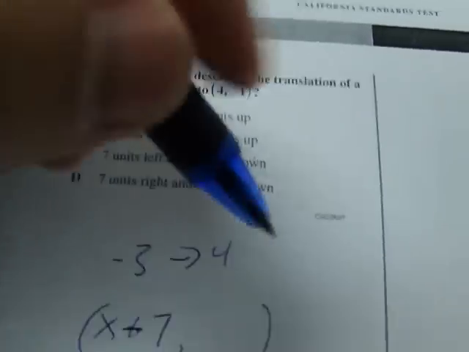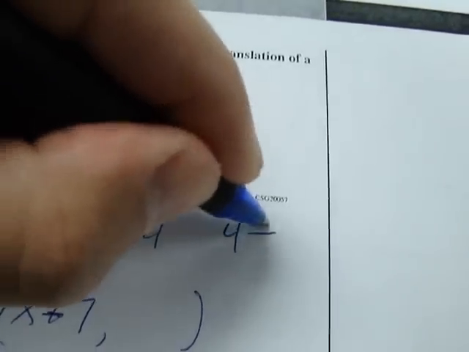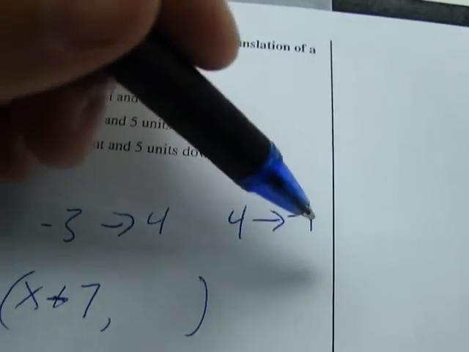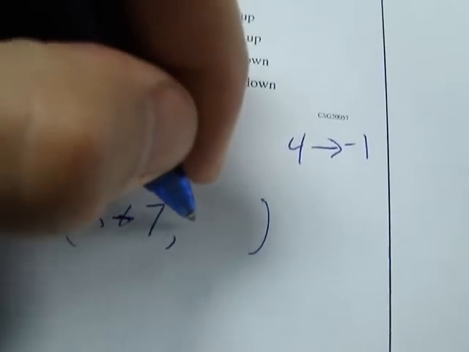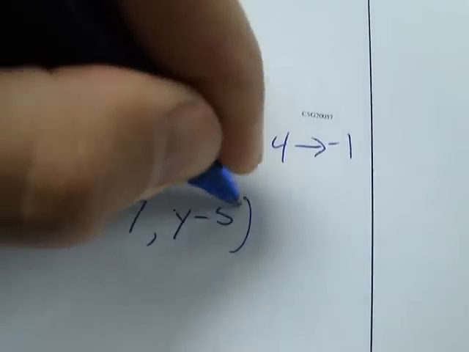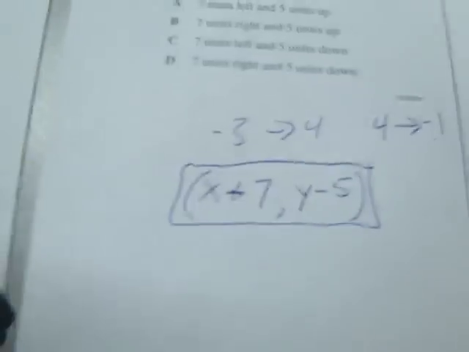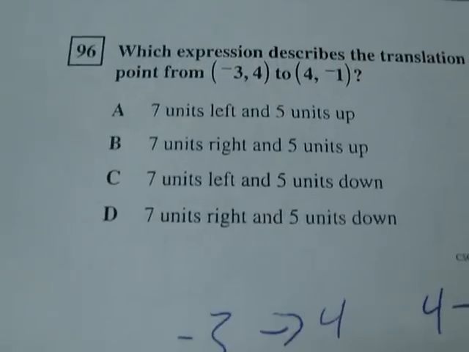From 4 to negative 1, that's going down by 5, so that's y minus 5. X plus 7, y minus 5. That's what we're looking for.